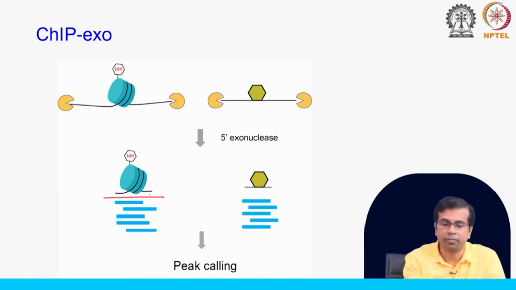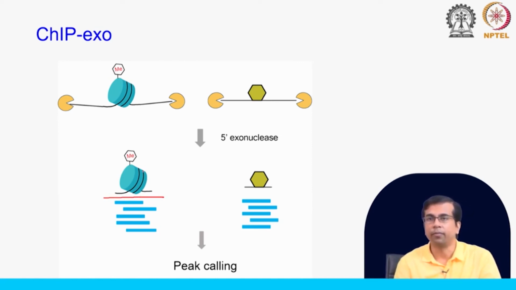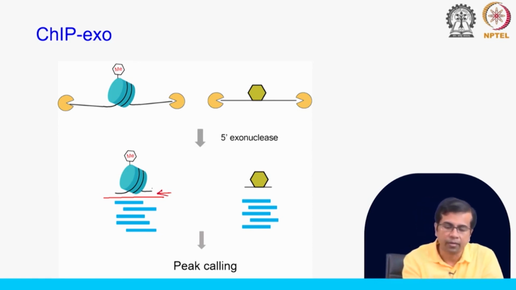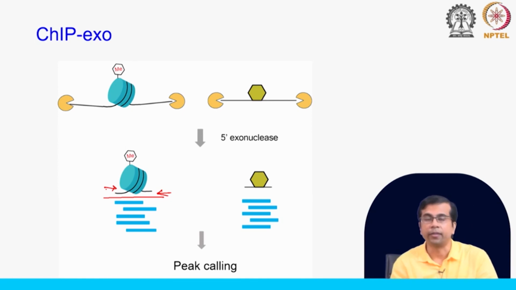Of course, they cannot chew the sites that are bound by these proteins, so they will stop once they encounter these proteins. You are left with these very small fragments, and now if you sequence from both ends, you will get reads mostly focused on the binding sites.